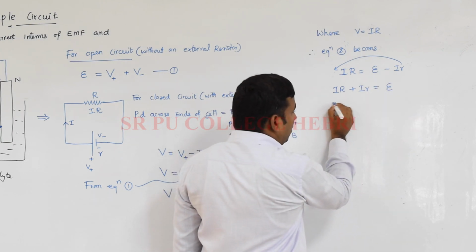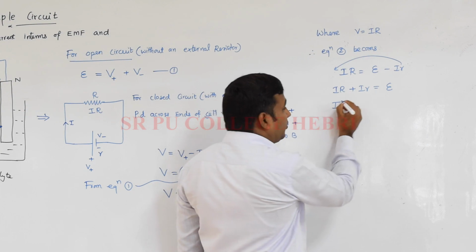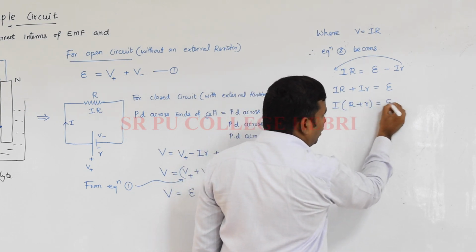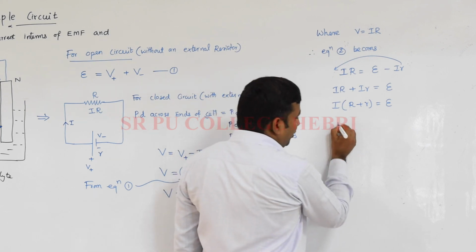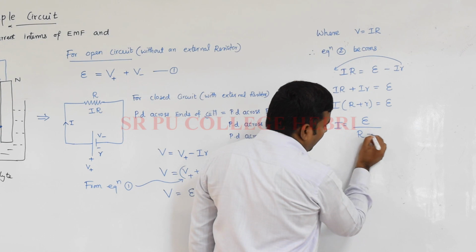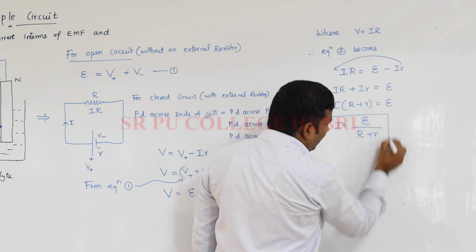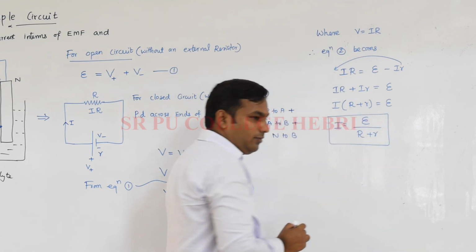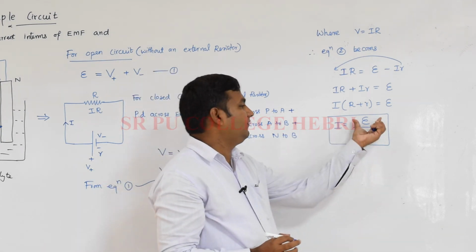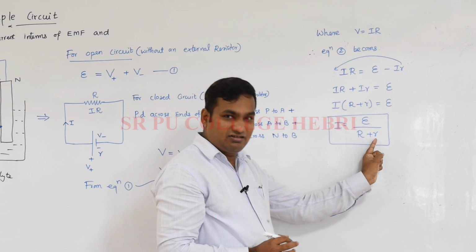Here I is common in both the terms. Automatically I into (R plus r) is equal to EMF. In other words, I is equal to EMF divided by (R plus r). Remember, this is the expression for the main current in terms of EMF and internal resistance.